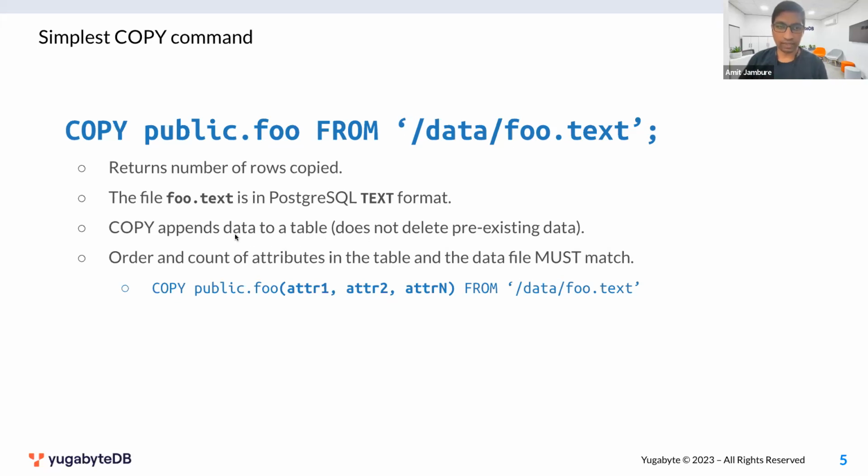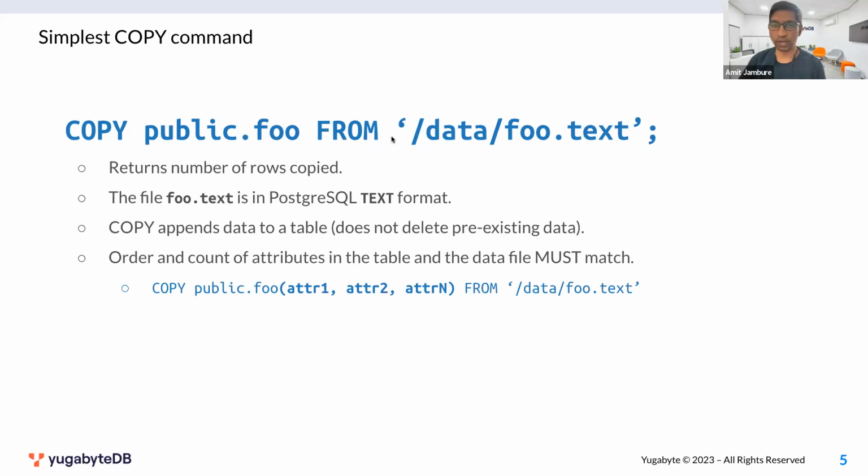The second thing you need to know is that if the table foo already had some data, then that won't be deleted or truncated. The entire contents of this file will be inserted or appended into this table. So no deletion is happening during copy. Another important thing is, let's say if this foo table had 4 columns, then your data file must also contain the 4 columns, and the types of those columns must also match.